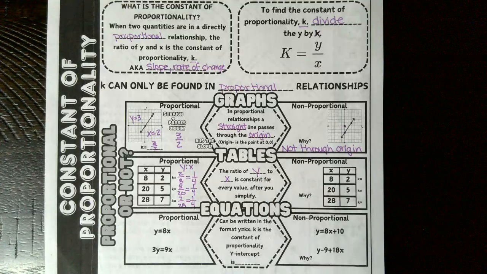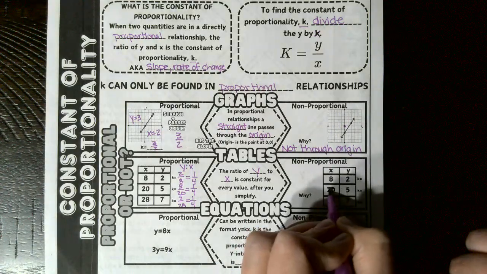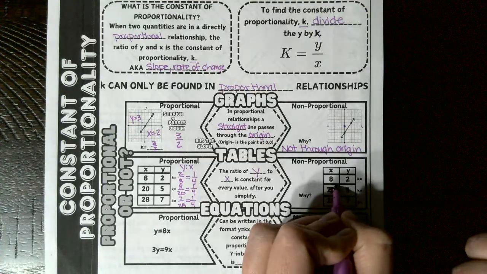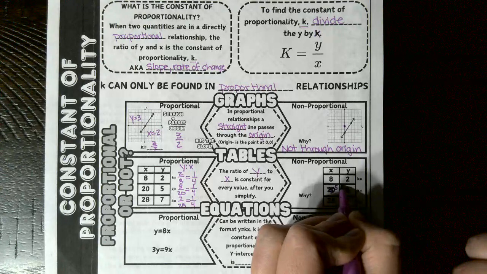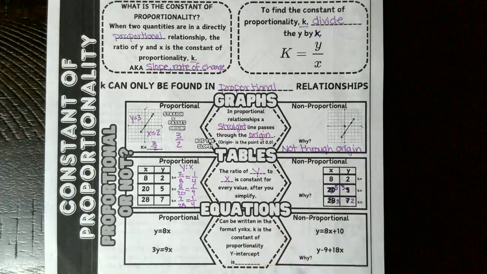Now I'm going to look at this side. Non-proportional. So I've already given you the answer. It's not proportional, but let's see if we can figure out why. And I just realized that I didn't change these numbers. So I'll change this for you guys, but for the sake of this video, let me change it really quick. So this is going to be a 5 and a 3, 3 and 2.